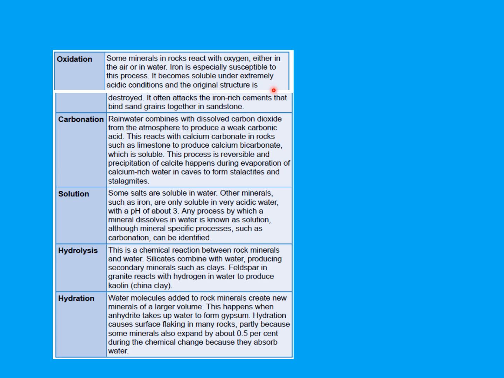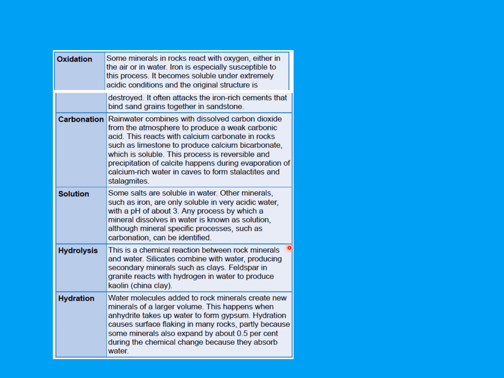Cars used to show a lot of it before. I think the paintwork's obviously got a lot better, but underneath it all, that can still happen. So it weakens the rock, but this would take place where the rock itself is iron rich, or at least where between the structures there are a lot of iron-rich cements. You don't need to get too bogged down in any of the chemistry on this one. It's just having an awareness, something that you can write a simple definition of.